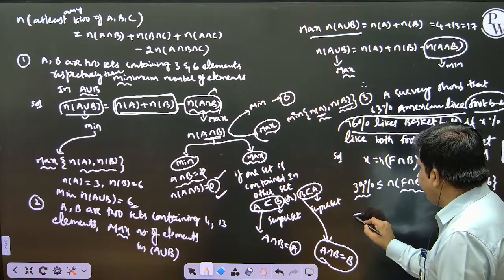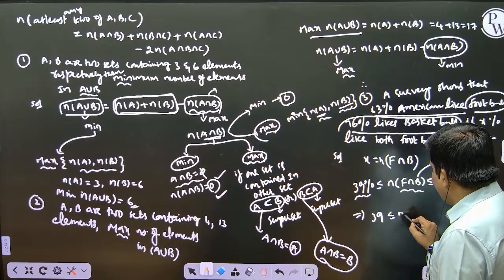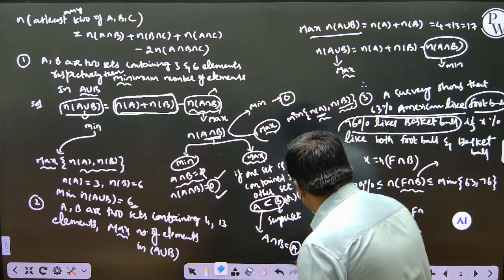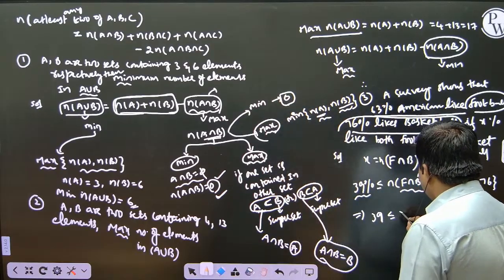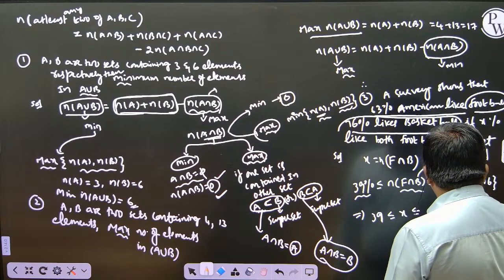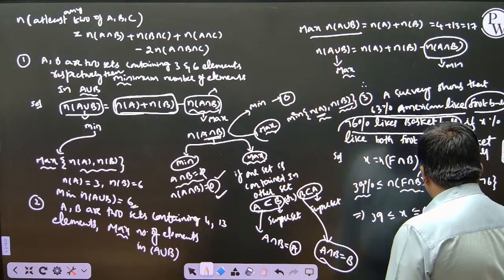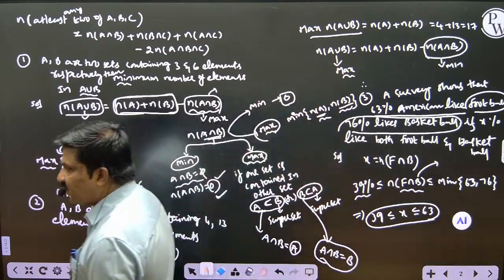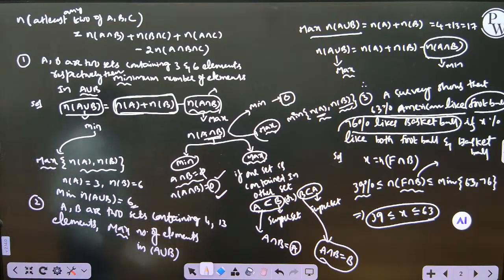So finally, 39 is less than or equal to n of F intersection B, which we take as X, less than or equal to the minimum of 63 comma 76, which is 63. So the possibility of your X is from 39 to 63. Right?